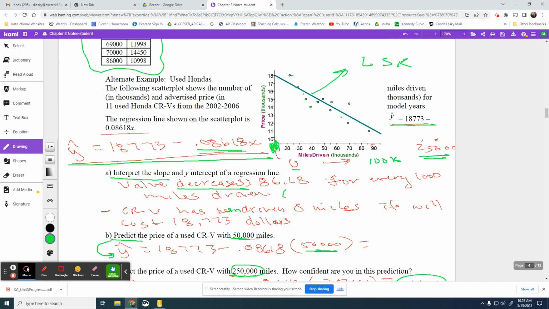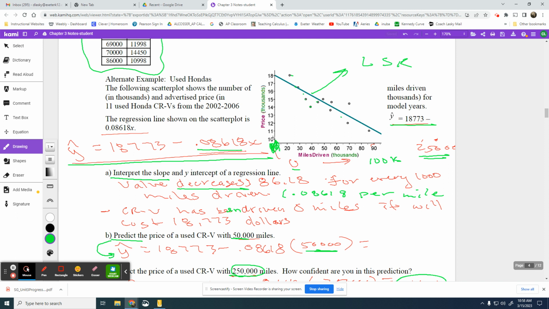Or you could say $0.08618 per mile. I chose 1,000 because it's a lot easier to deal with, but either one works.